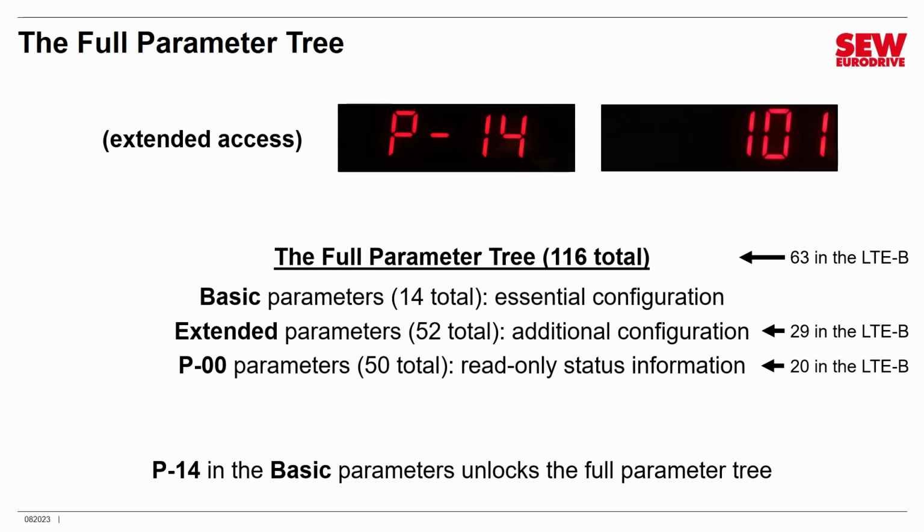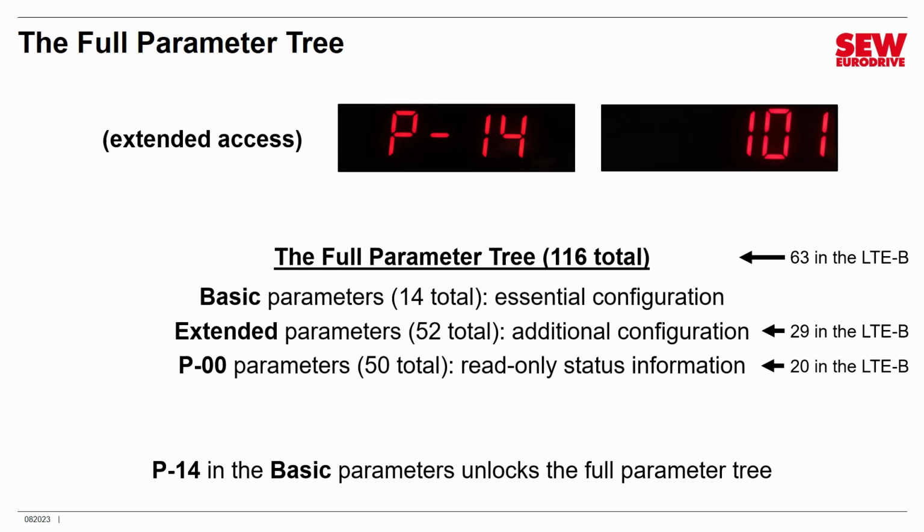They tell you information about the VFD. And this can be extremely helpful when you're trying to troubleshoot a problem or perform some kind of diagnostic task. We will look at the P00 parameters later on. We won't be covering them here, but be aware the parameter tree divides up into these three categories: basic, extended, and P00.